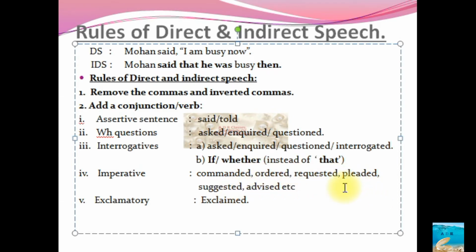Plead becomes pleaded, suggest becomes suggested, advise becomes advised, etc. Since we are speaking about reported or indirect sentences, everything should be in the past tense form. One more thing, these are the past tense forms, isn't it?